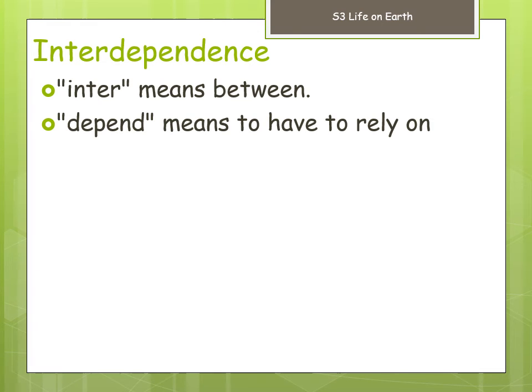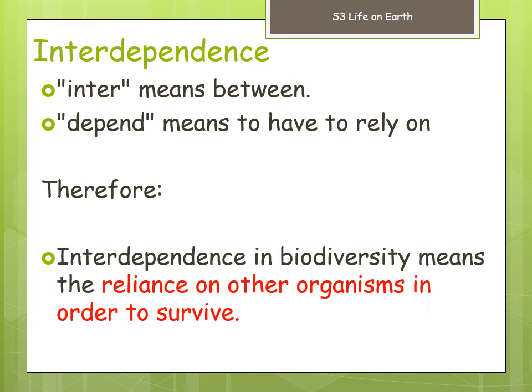As I said, you guys are dependents. You are reliant upon parents, guardians to look after you. So the word interdependence in biodiversity means the reliance on other organisms to survive. Again, that is something that you need to get into your jotters or notebooks today. Interdependence means the reliance on other organisms in order to survive.